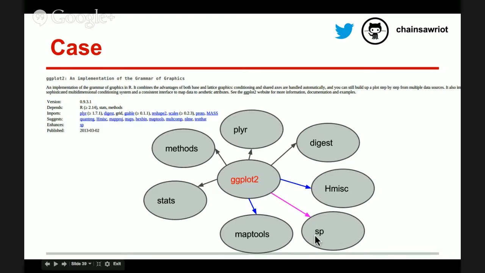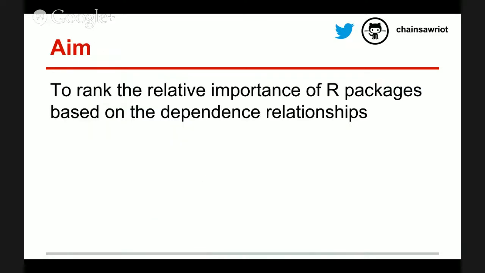If you collect all these relationships of all the packages, you will create a social network. So the aim of this analysis is to rank the relative importance of R packages based on the dependency relationship.